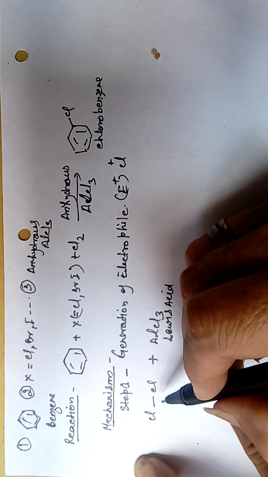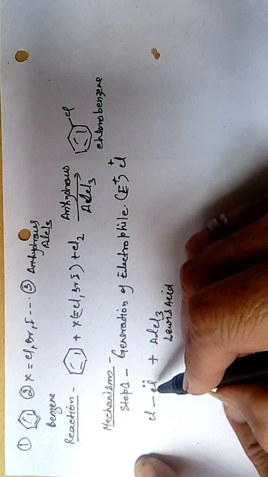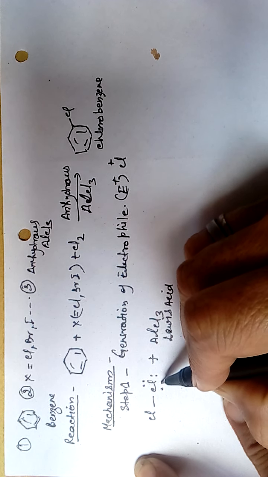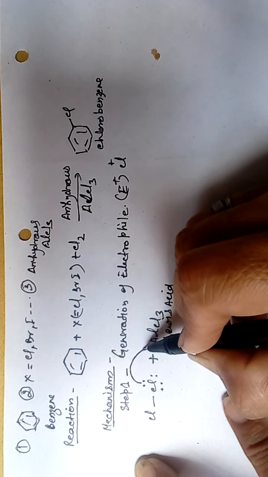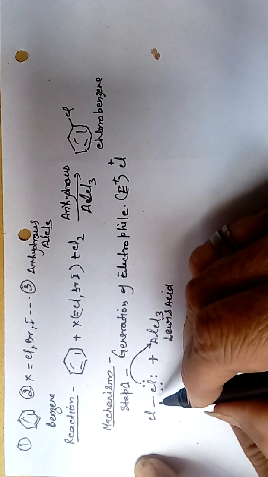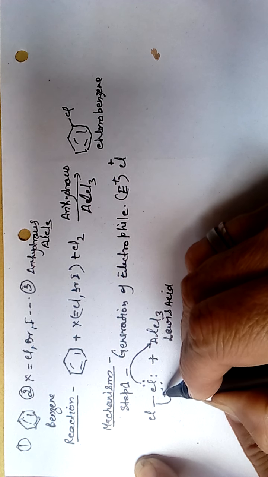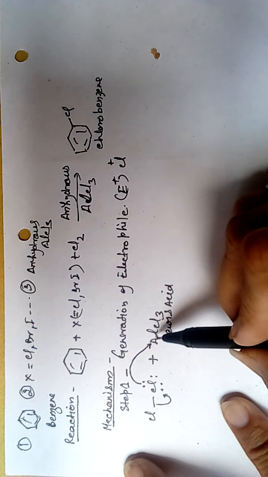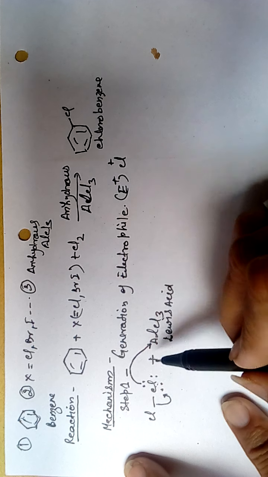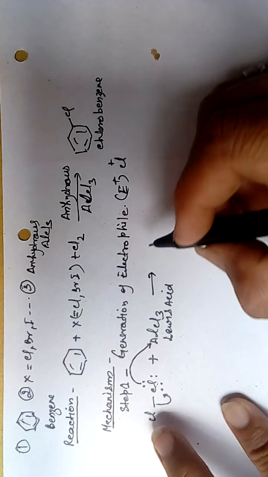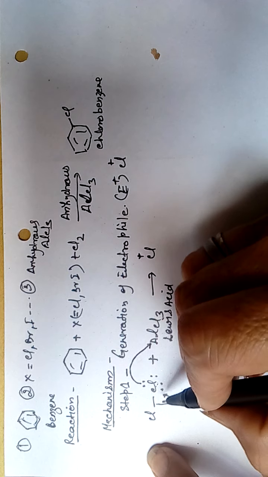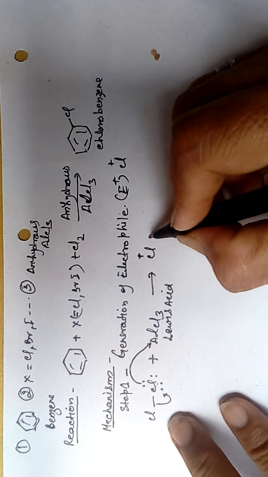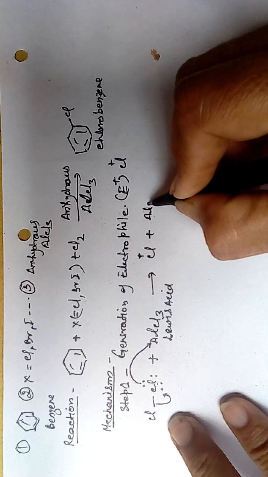The chlorine has 3 lone pairs of electrons, and it coordinates with this aluminum. This bond breaks and a bond forms between aluminum and chlorine. Now we get Cl positive and it forms AlCl4 minus.